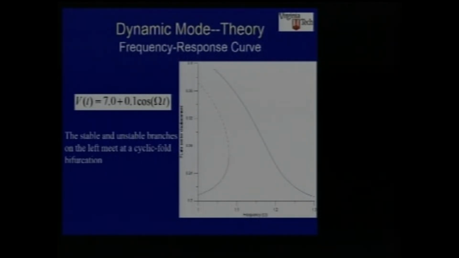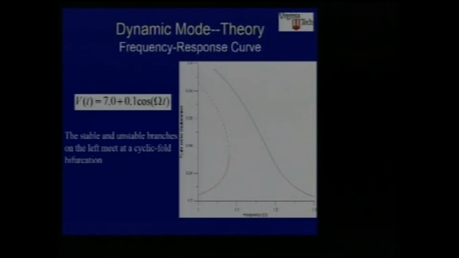So you now have 2 branches: this branch which is stable, but then you have this branch where you have stable and unstable parts, and this is a cyclic fold. What we want to do is to take something drastic, like the cyclic fold, and use it for the threshold.